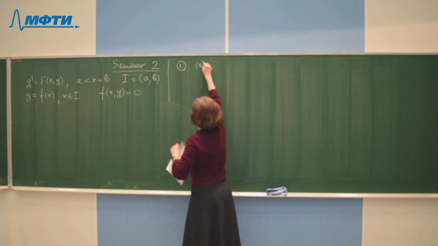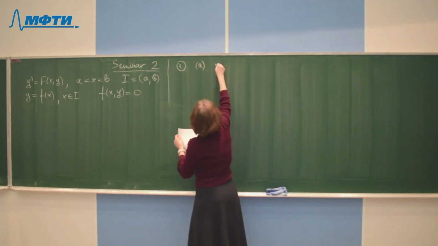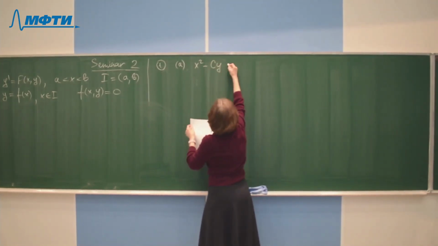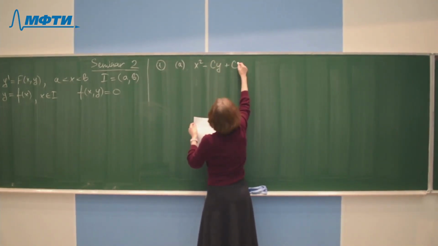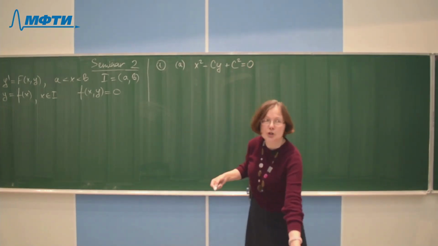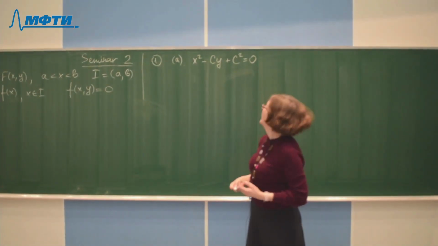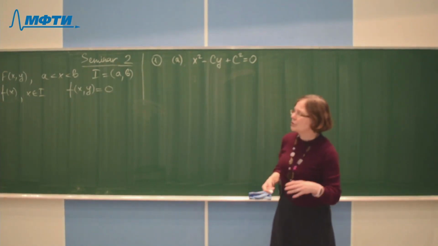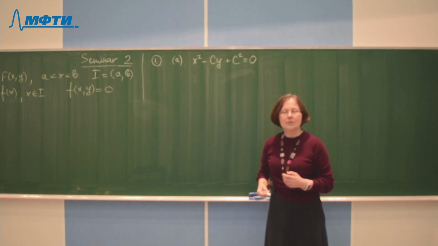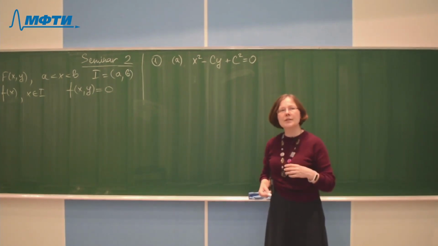Okay. So 1a is the following: x squared minus c y plus c squared equals 0. So suppose this is a solution. This is a 1 parameter family of solutions. How to find a differential equation? So our goal is using derivatives.